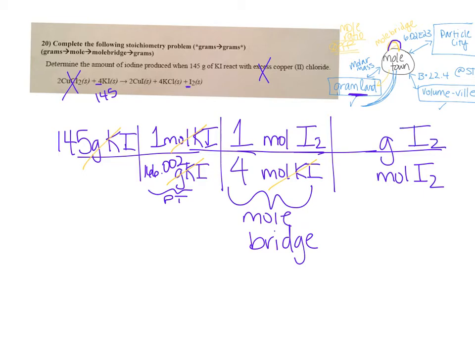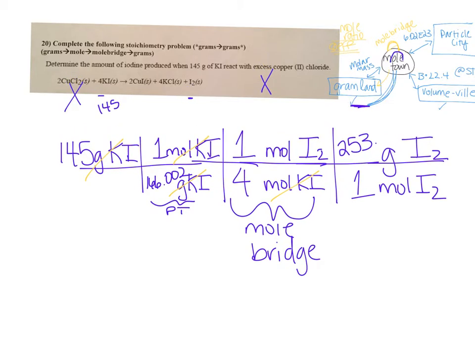And so when I do that, I'm going to have 1 mole of iodine is equal to 253.81 grams of iodine. Okay? When we have that, we're going to go ahead and multiply. I would do everything on the top. Multiply everything, push equal on your calculator, and then you do division on the bottom. Some people like to multiply everything on the bottom and then divide 2 big numbers.